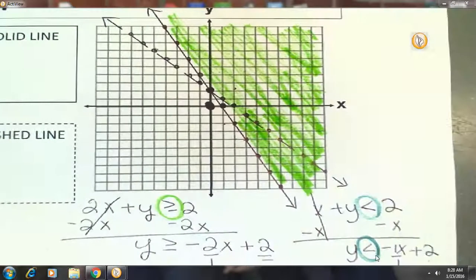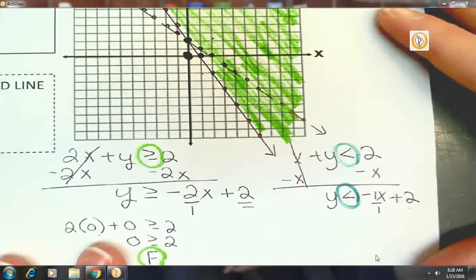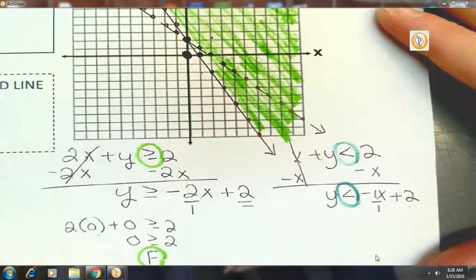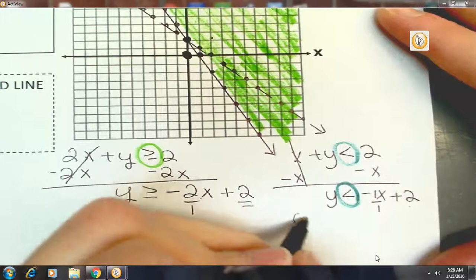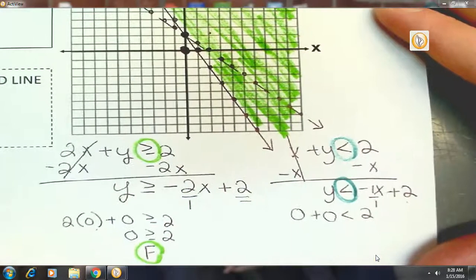Okay, so now we need to test a point. We again can test 0, 0. The only time we can't use 0, 0 is if our line happened to go through 0, 0. Then just pick something else. So let's pick 0, 0. Test that point. I'm putting it into the original inequality. 0 plus 0 is less than 2.